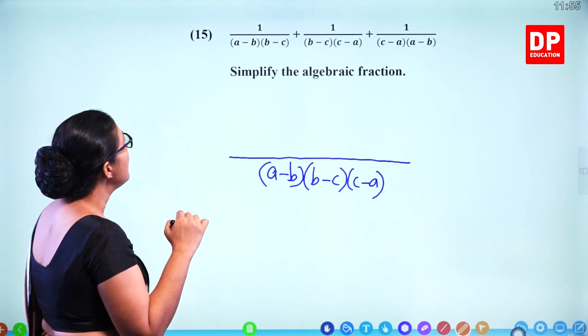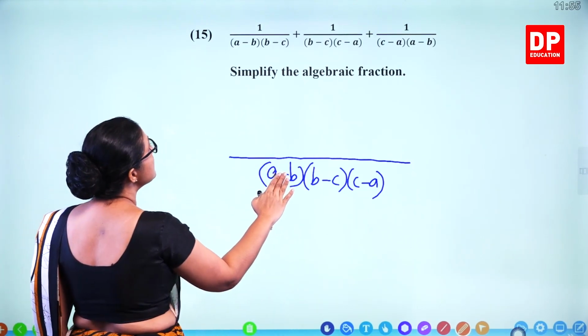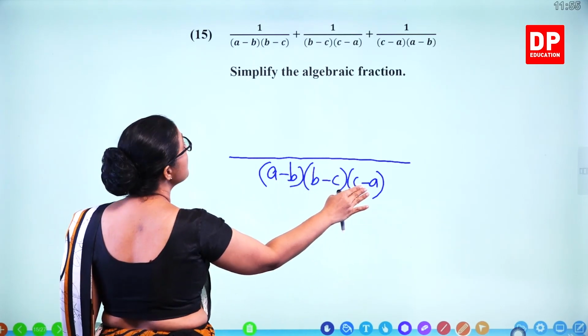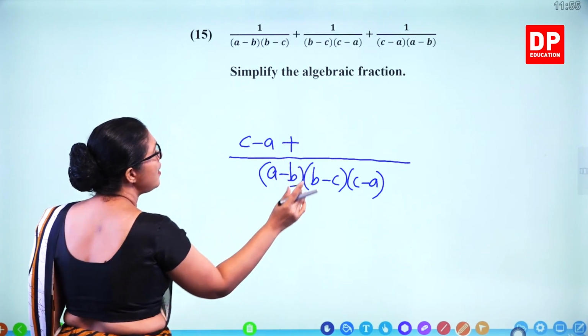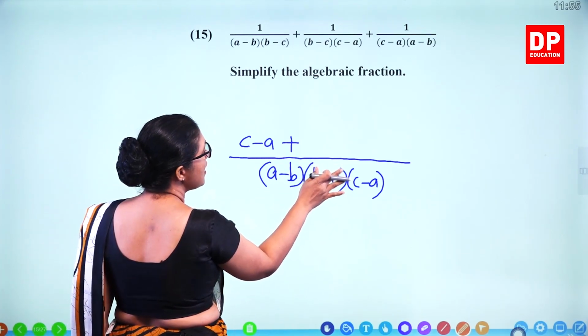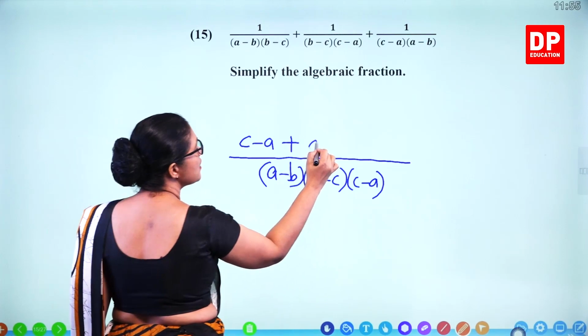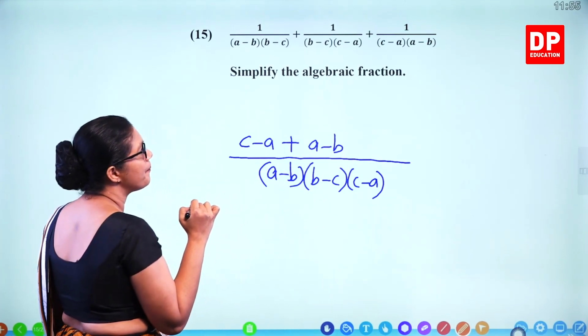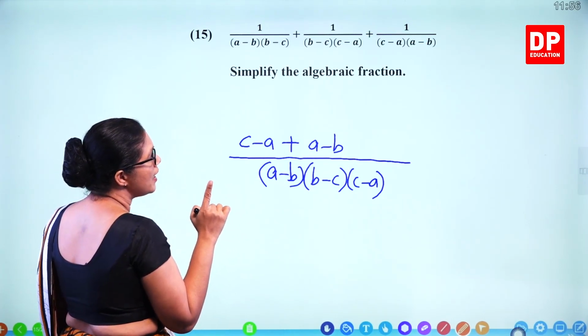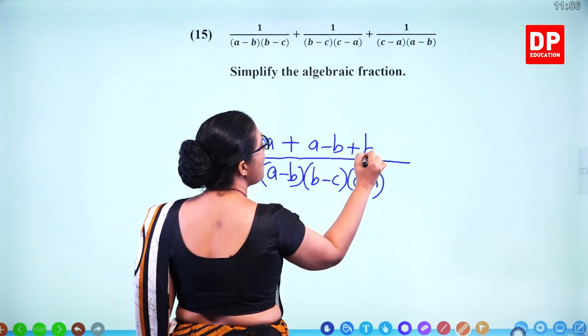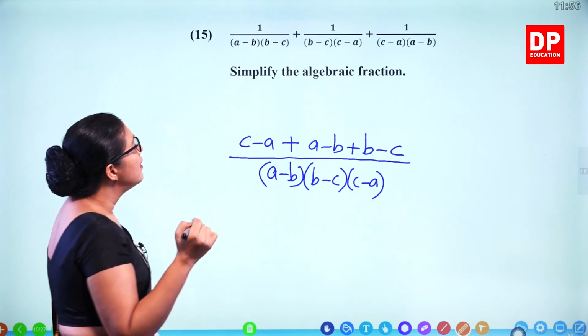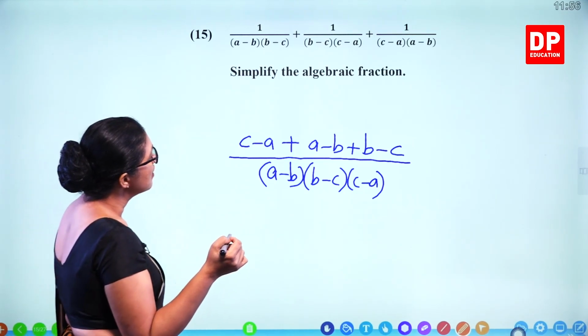So we'll multiply. In the first one, A minus B is there, B minus C is there, so you have to multiply by C minus A. Second one, B minus C and C minus A are there, so you multiply by A minus B. Third one, C minus A and A minus B are there, so you multiply by B minus C. What do you get?